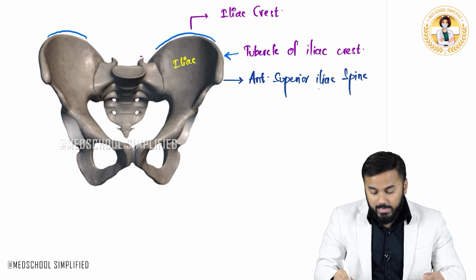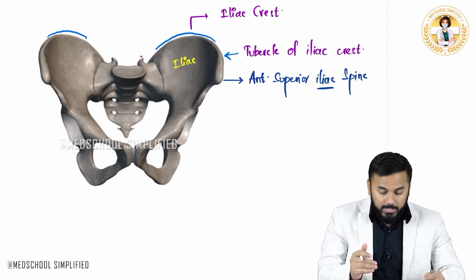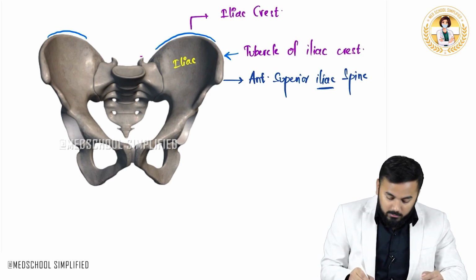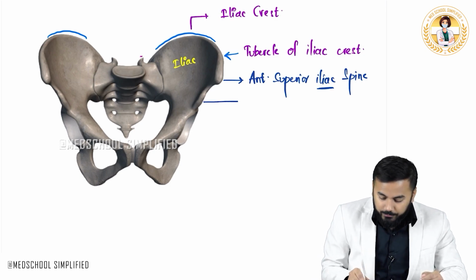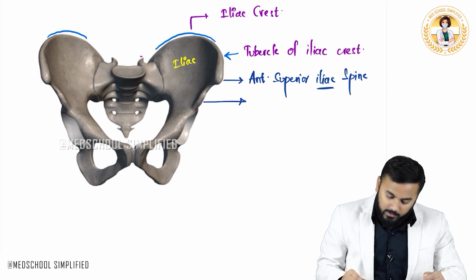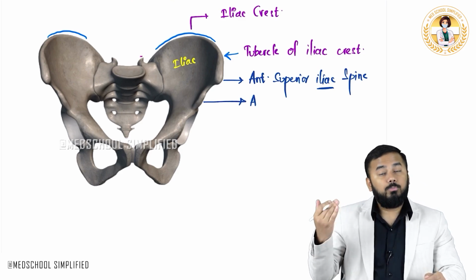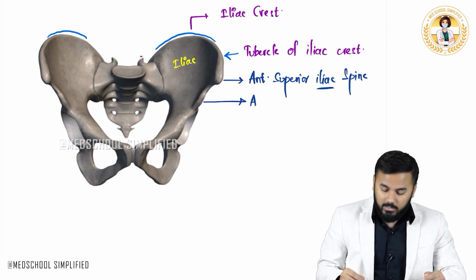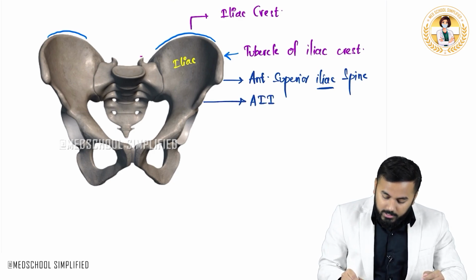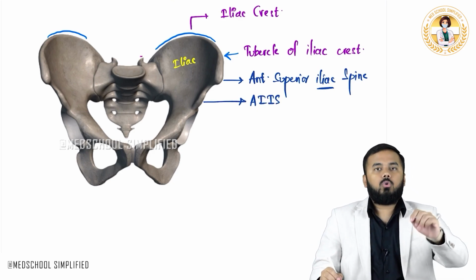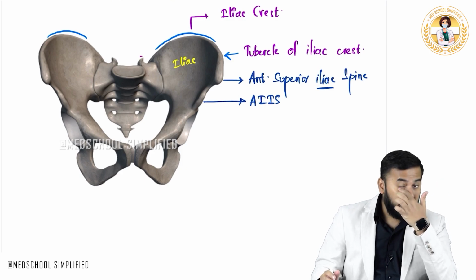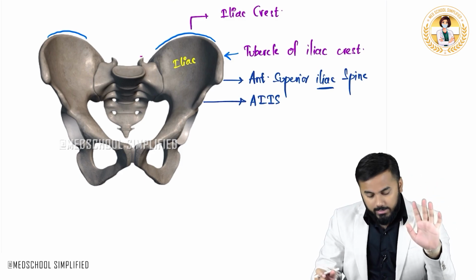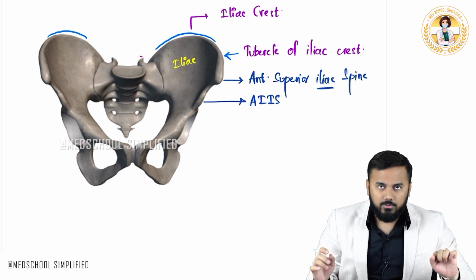It is a spine of the iliac bone, so iliac spine. Anything just below that spine is also anterior, but is it superior or inferior? It is inferior, so anterior inferior iliac spine. One is the anterior superior iliac spine and the other is the anterior inferior iliac spine. Till here I hope all of you understood.